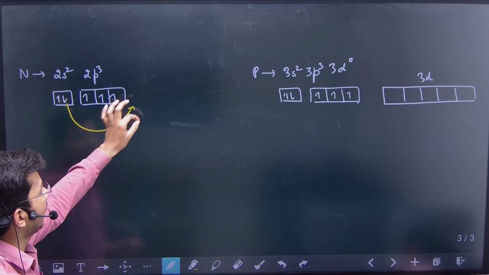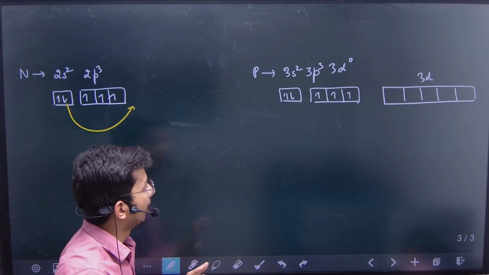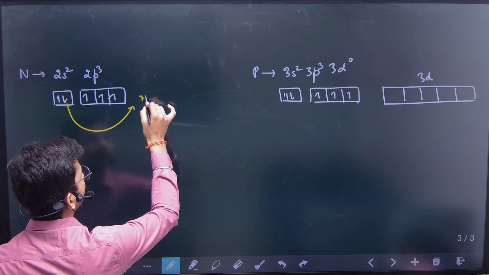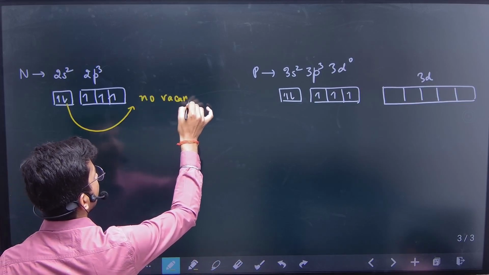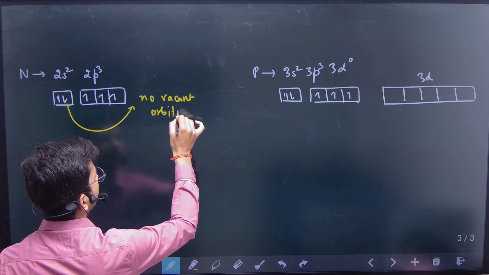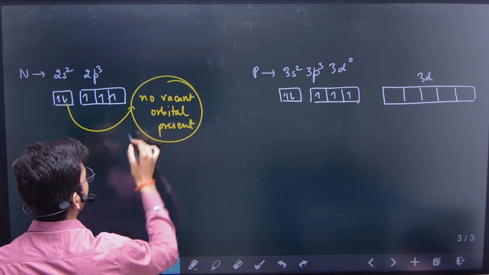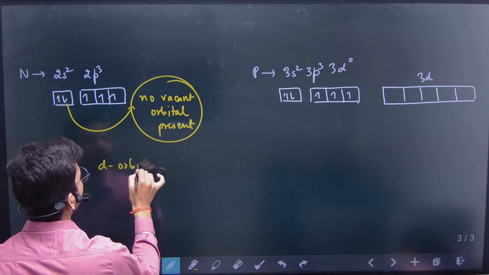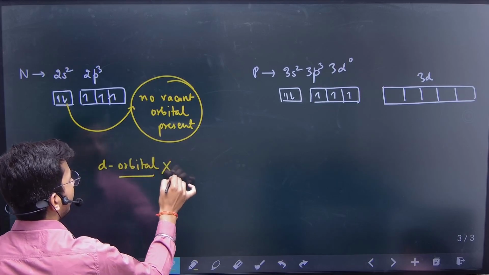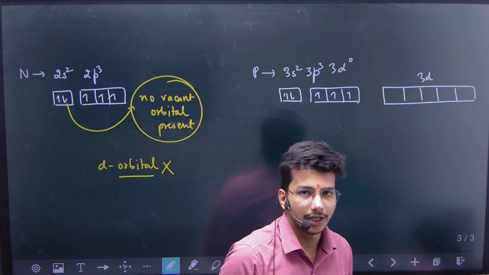This we have to excite to the higher energy level. Okay, but there is no vacant orbital present, or simply what we say is a d orbital is not present. There is no d orbital present in the second shell.